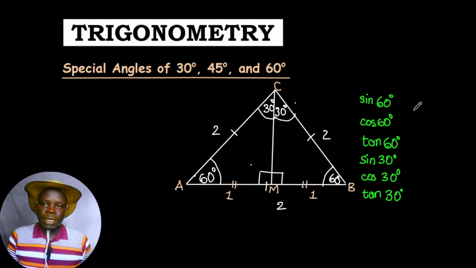So before we look at these special angles and how we can get their values on a calculator, we also need to get this distance CN. How do you get this distance CN?